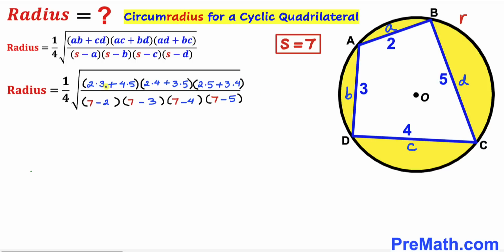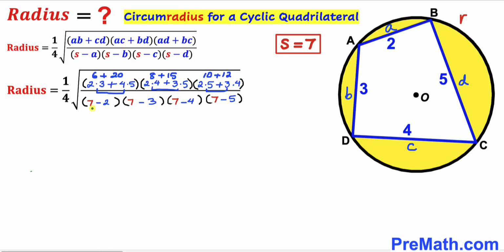In the first parentheses in the numerator, 2 times 3 is 6 plus 20. The second parentheses is 8 plus 15, and the next parentheses is 10 plus 12.